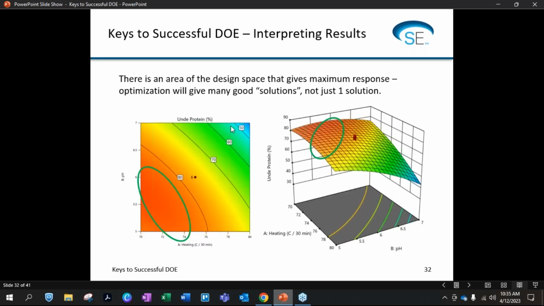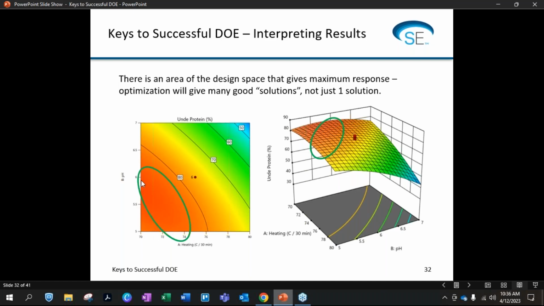In response surface and mixture designs, you're going to tend to get contour plots, and you might view them in 3D surface. But this is a good example where if my goal for this particular response is simply to be greater than 80%, then my solutions in numerical optimization are going to give me all of these values in this corner.